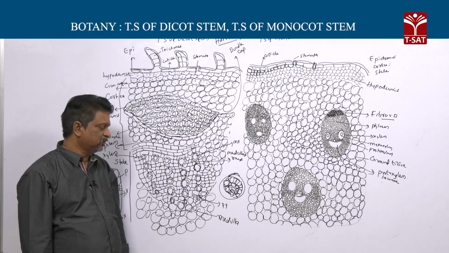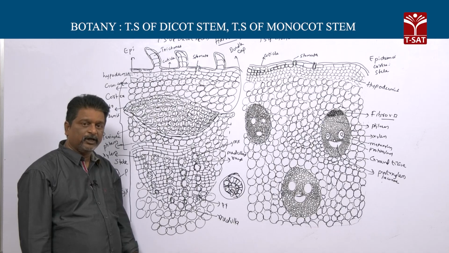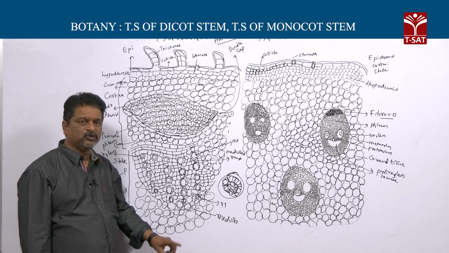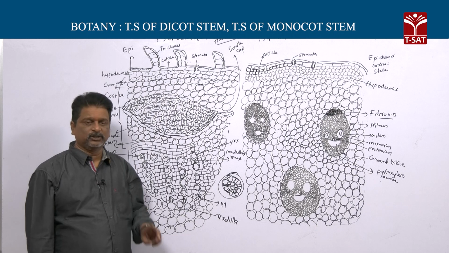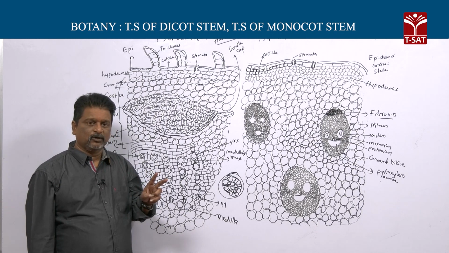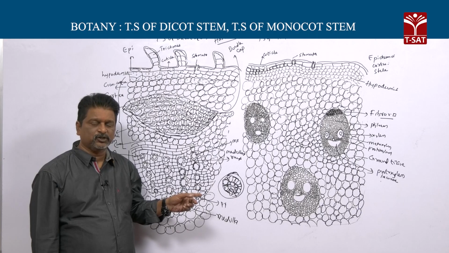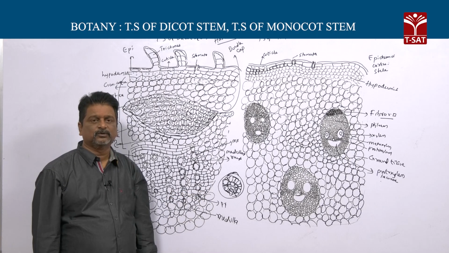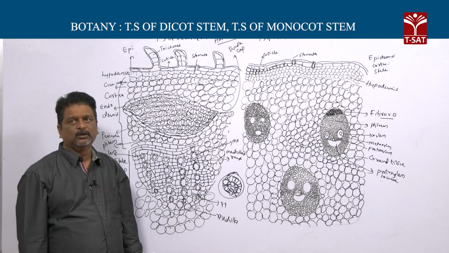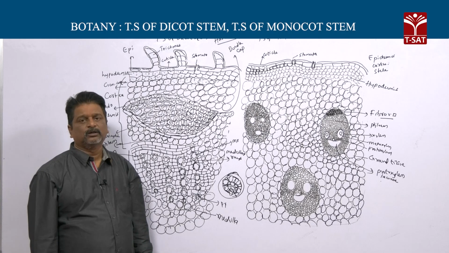So, both roots contain conjunctive tissue, but only in dicot root, conjunctive tissue gives vascular and cork cambium. In monocot root, conjunctive tissue is sclerenchymatous. In dicot stem, the medullary rays produce interfascicular cambium.